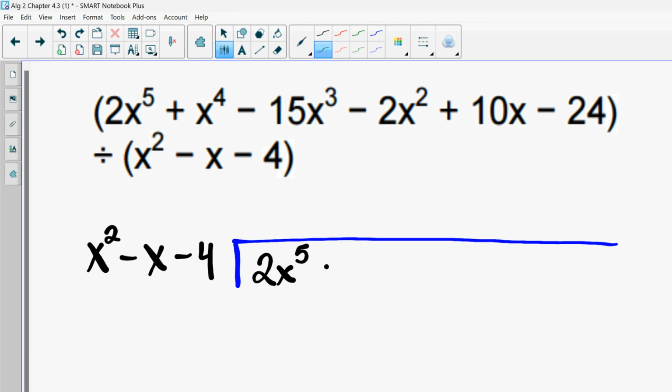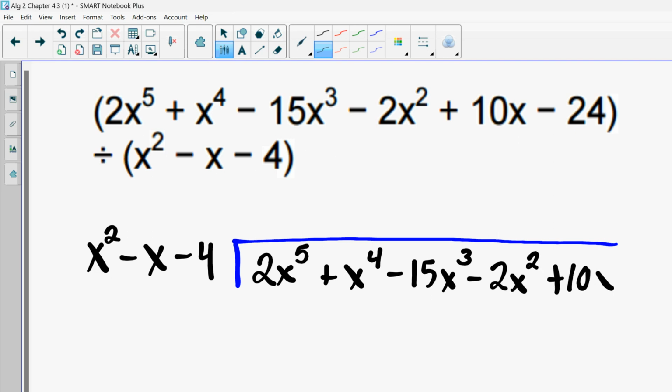And we actually have all those. So we have this pretty decent size polynomial expression. We do have every term inside and outside.